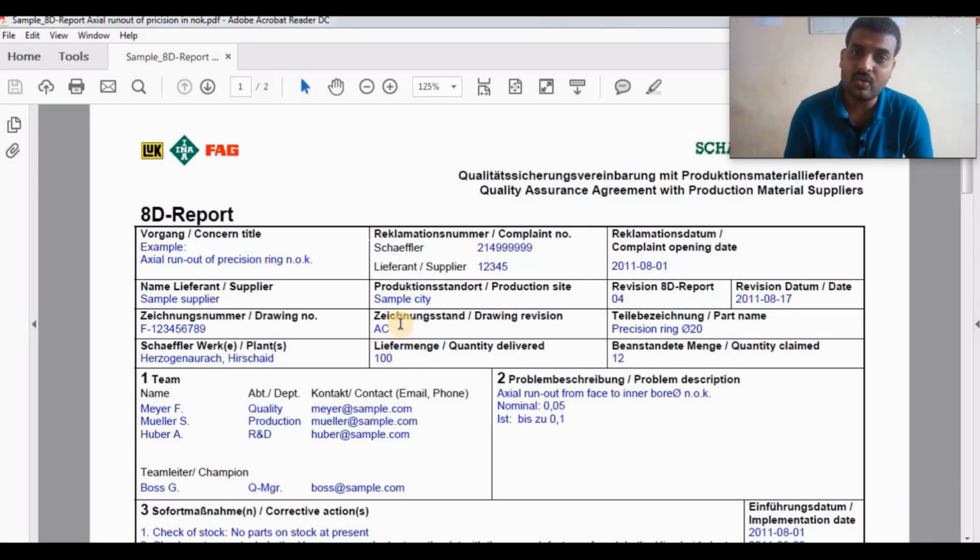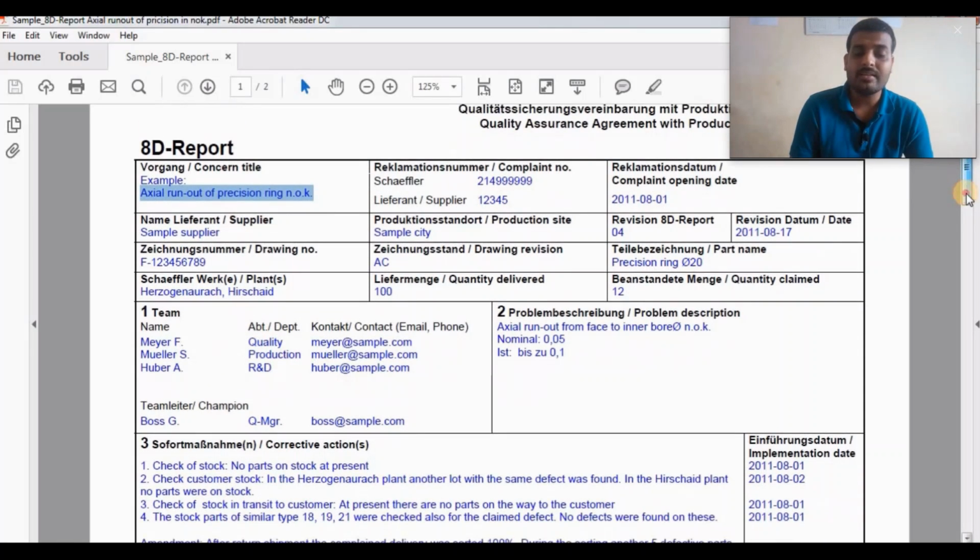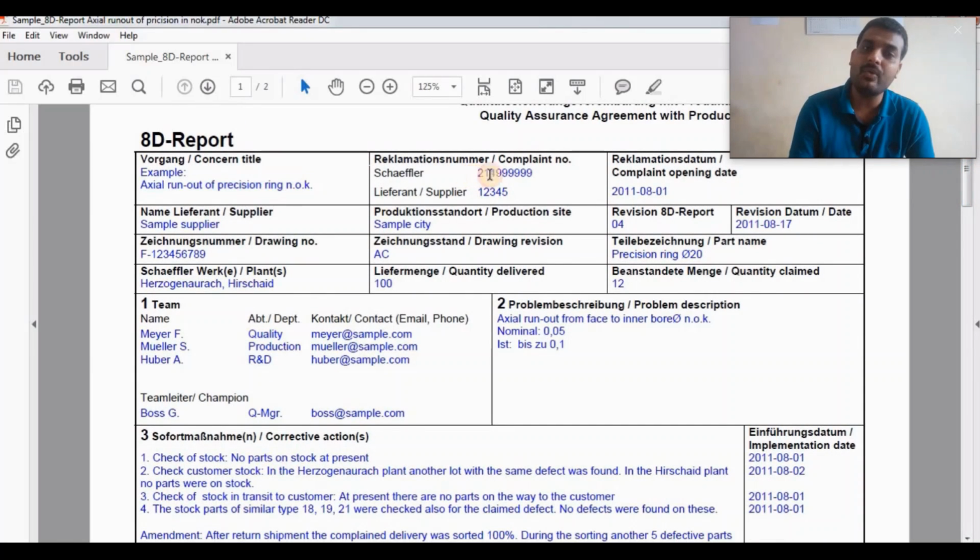For the D0 phase, you should have the concern title which you will get from the customer. It may be in any form. Then you should have the customer complaint and the complaint date. In each and every revision report you should mention the revision number as well as the revision date.